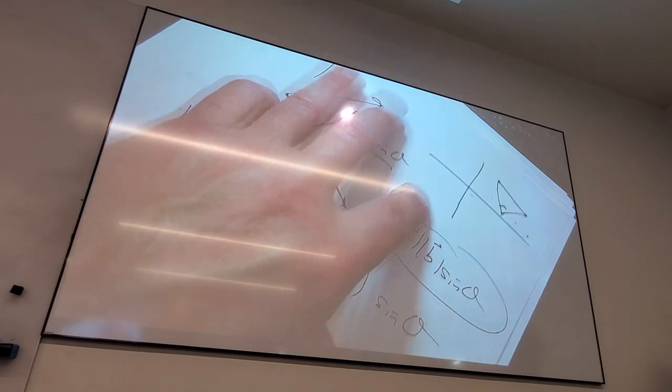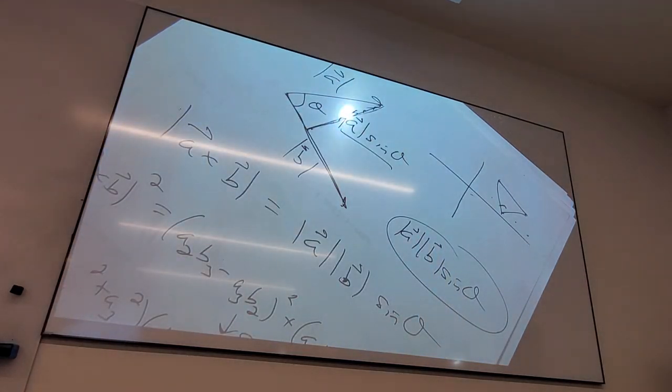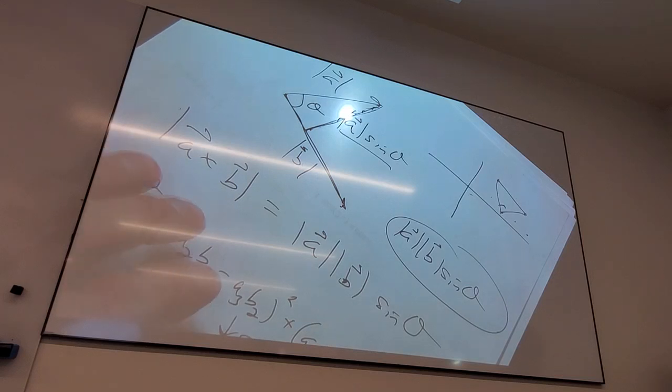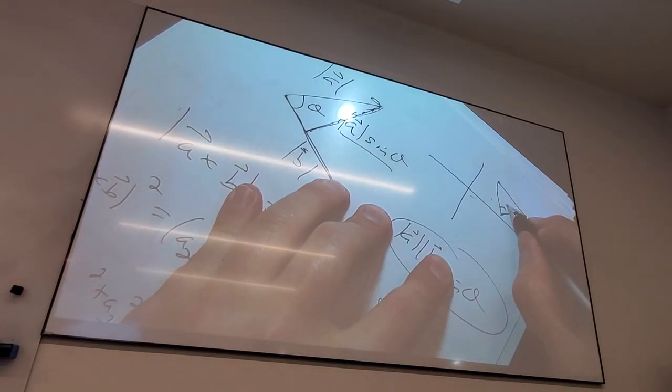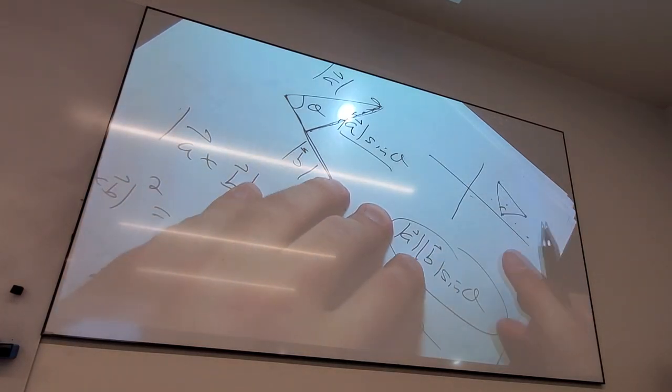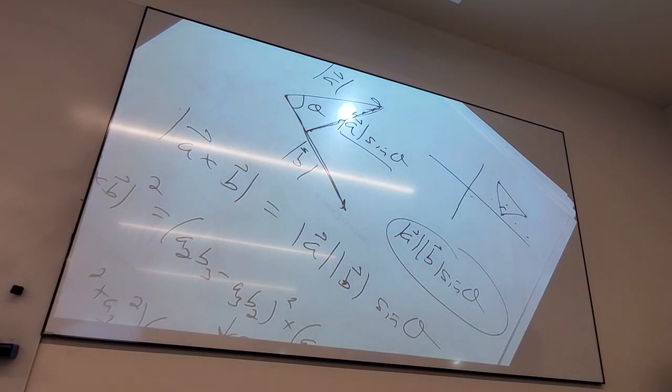Do I have to worry about how it was oriented in the original coordinate system? No. Right? All the information I need to get the area of this is given to me by the picture. It doesn't matter how it's oriented in the original coordinate system.